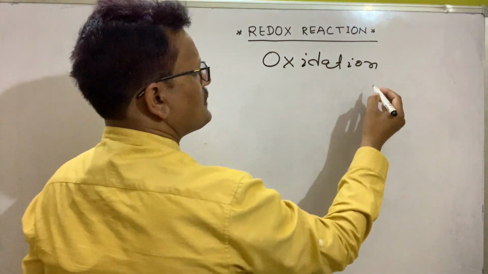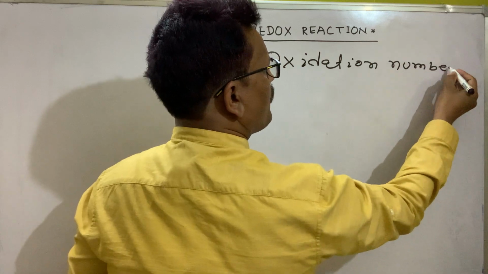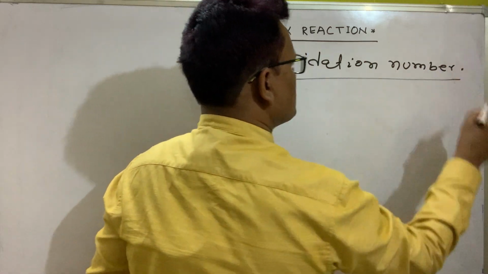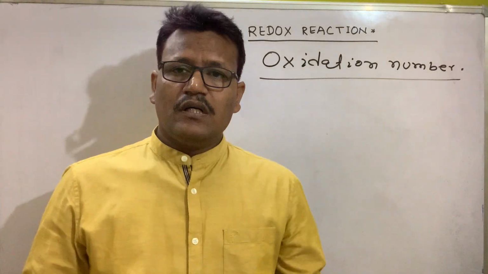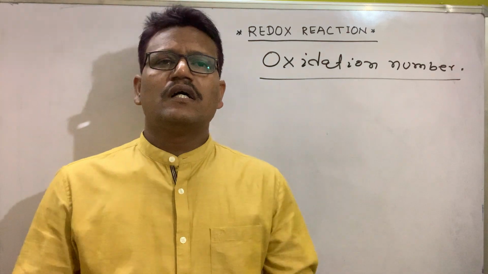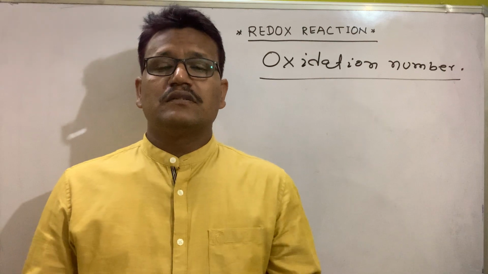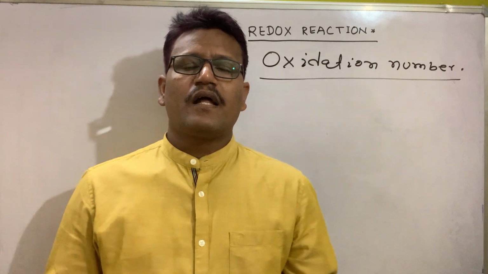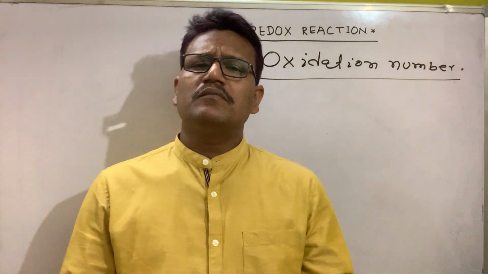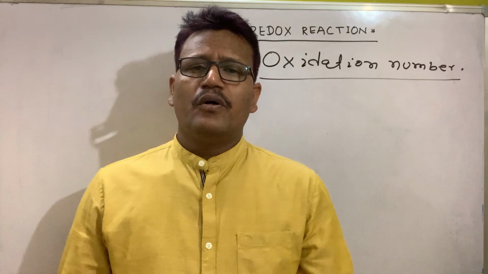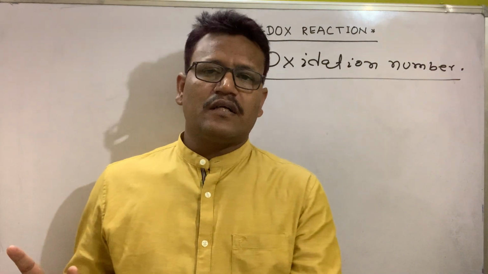So first we have to know what oxidation number is. Oxidation number is defined as the charge that the atom has in a molecule, or would have in a molecule, when electrons are completely transferred.